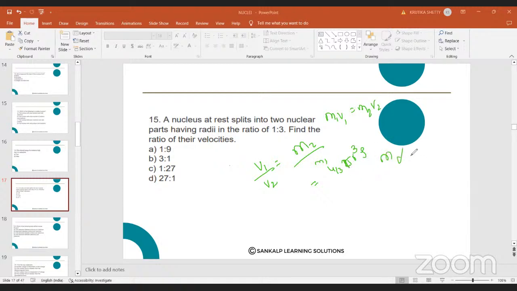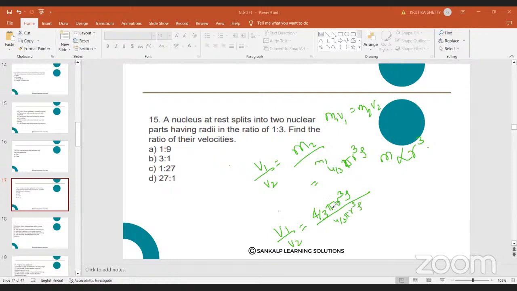Therefore, the mass is directly proportional to r cube. According to our equation, v1 by v2 is equal to m2 by m1. So m2 by m1 is 4 by 3 pi r2 cube into rho divided by 4 by 3 pi r1 cube into rho.